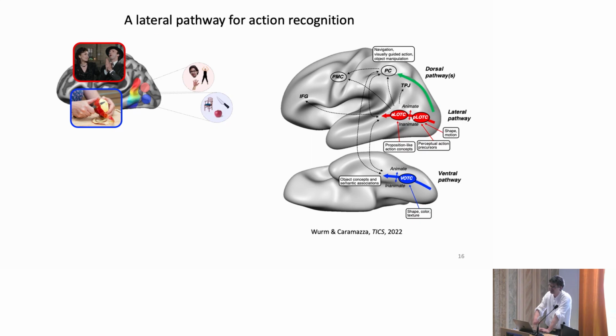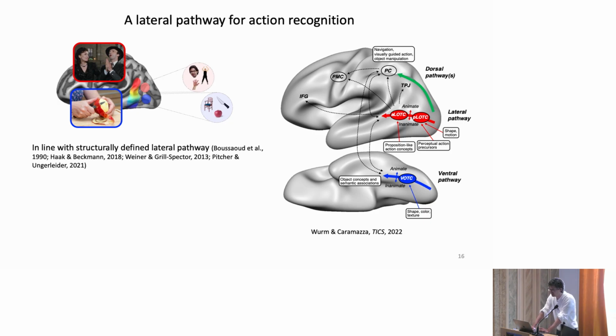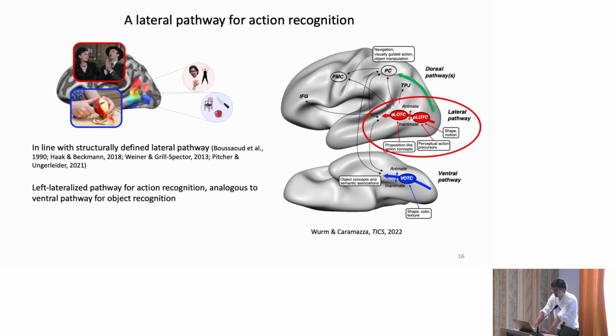Now, this idea of a gradient from more perceptual to conceptual representations is actually in line with evidence for a structurally defined third lateral pathway in the LOTC. And here we argue that the main function of this pathway is action recognition, analogous to the ventral pathway for object recognition.